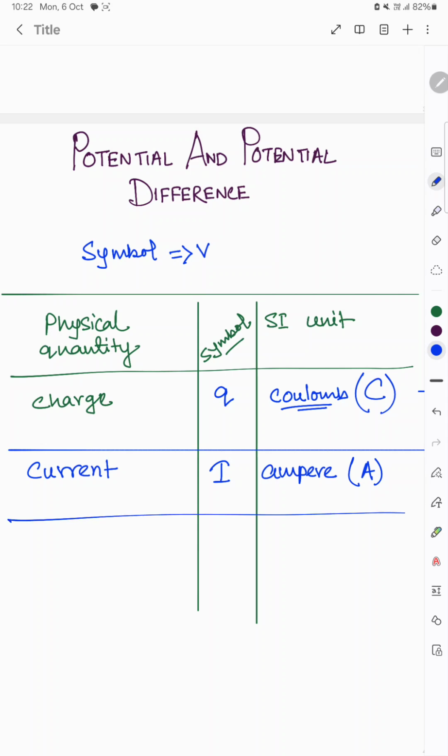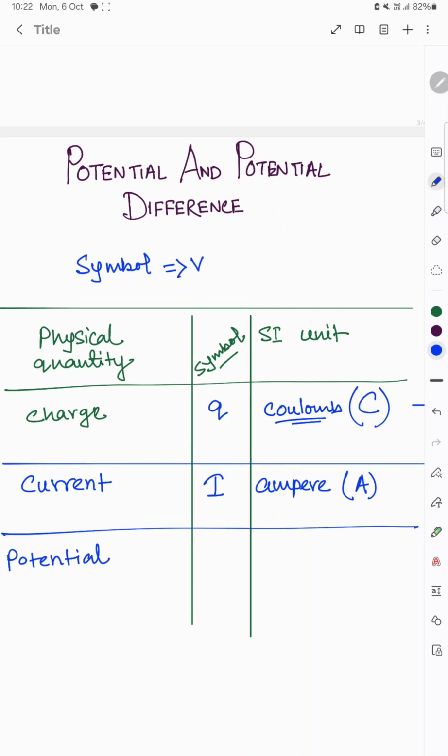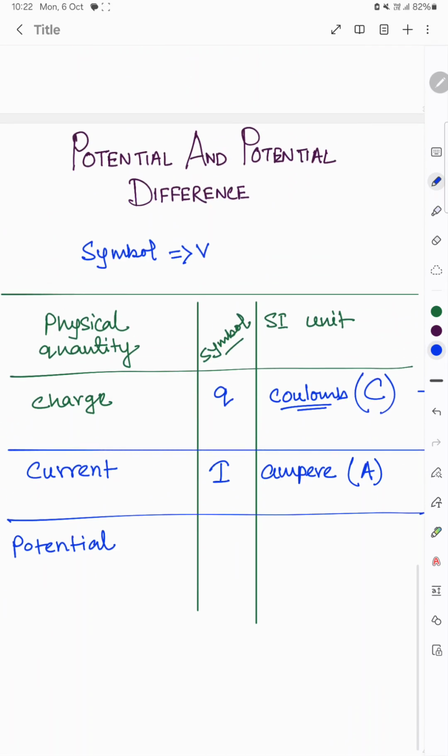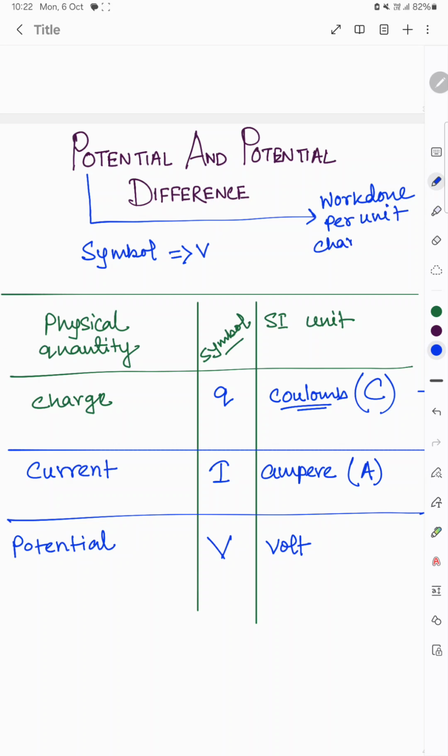Next, potential. It's good to remember that its symbol is V, and its unit is volt. Okay, and as you know that V is equal to work done per unit charge, right? So potential is work done per unit charge. So that means W by Q, right?